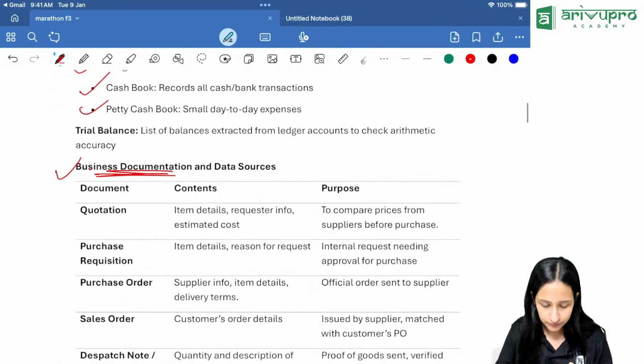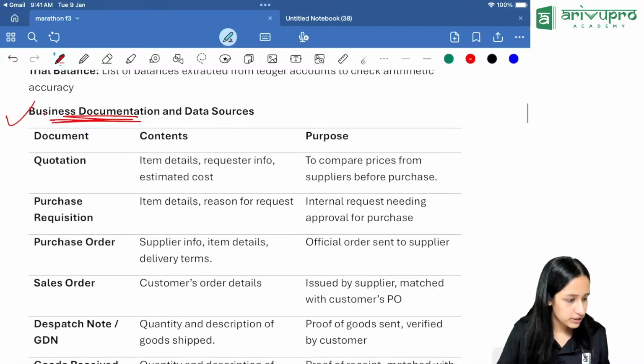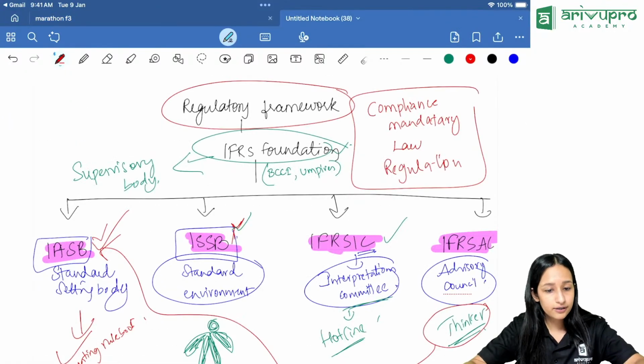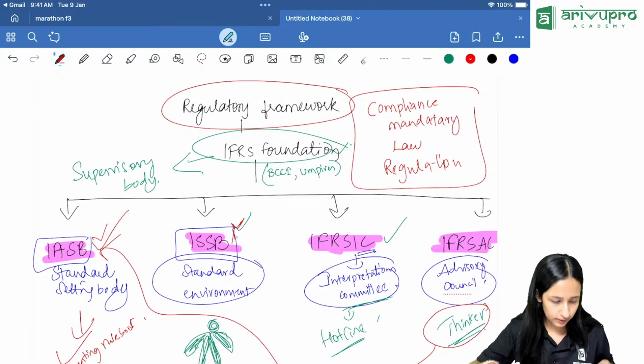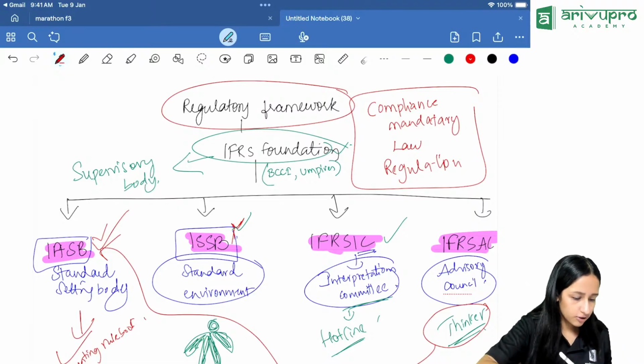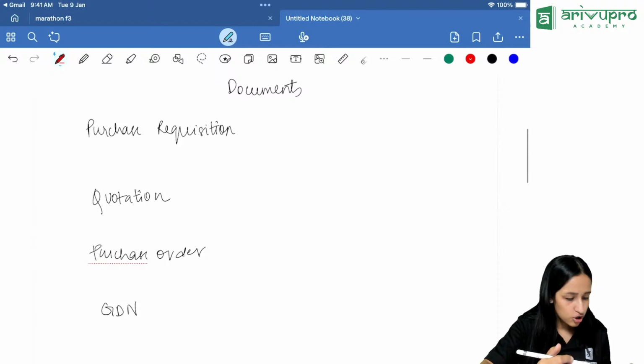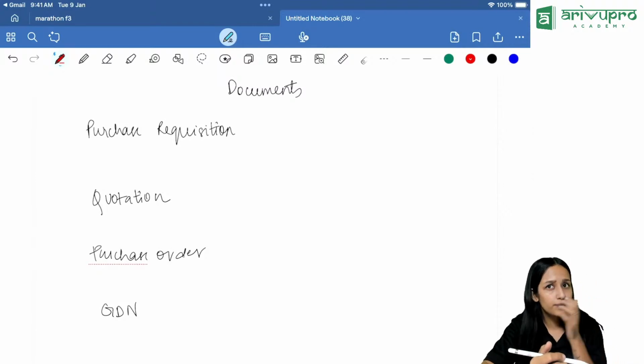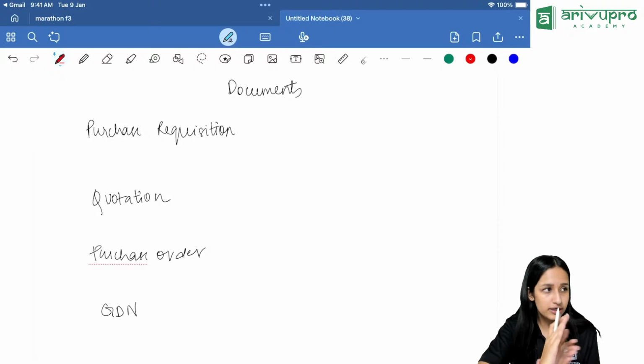Right. So now business documentation. This is a very fun topic if you can understand it through the help of a story. Without that, it's going to be very hard for you to understand this. So just give me 3-4 minutes. If you properly concentrate for these 3-4 minutes, you will understand all these documents.